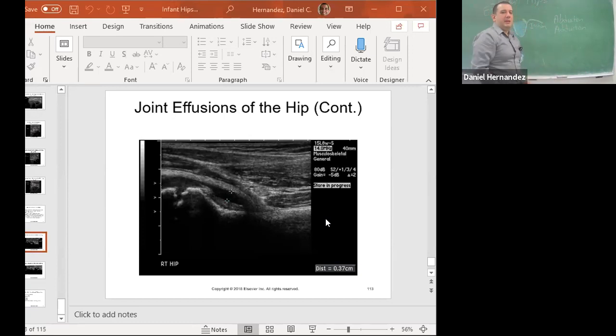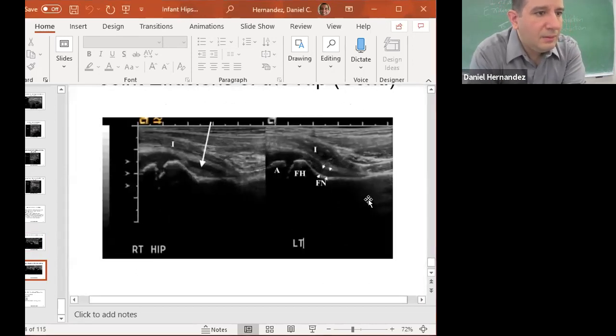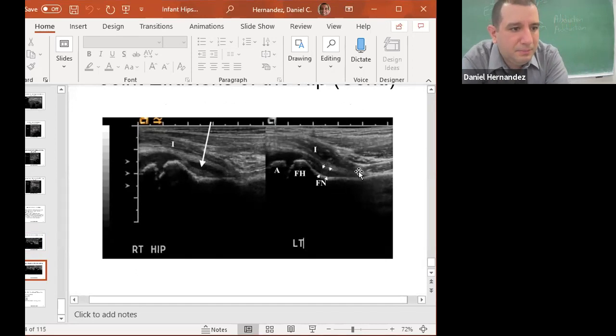We would line the babies up with their legs perpendicular, straight out, toes up, nice straight legs, and align our transducer parallel to the femur at the femoral head. This would be an example for our right hip. You see a little fluid within the space here. This is the left side showing no fluid, so this is a normal hip.